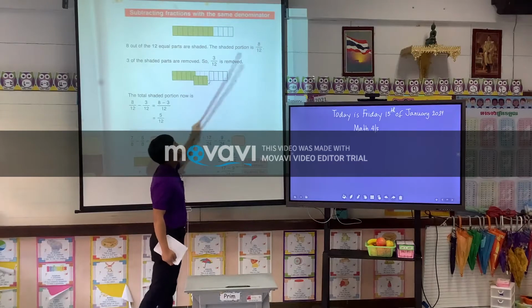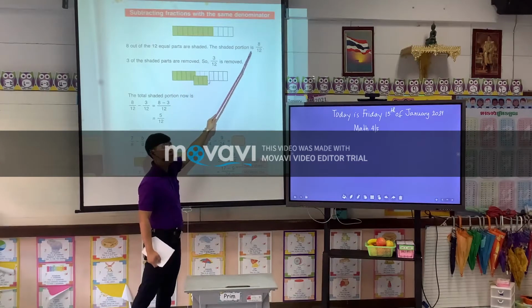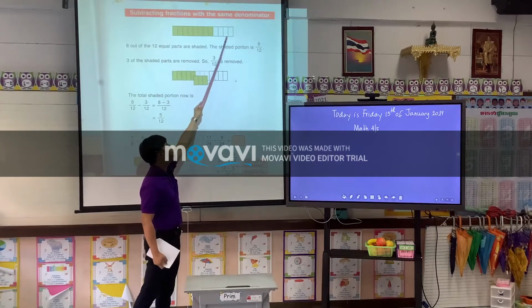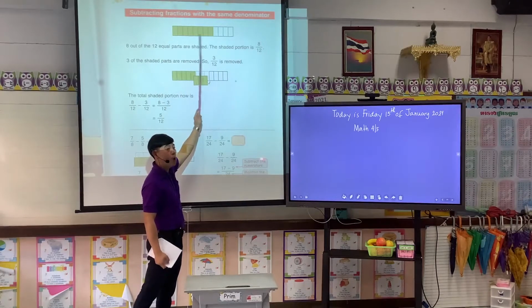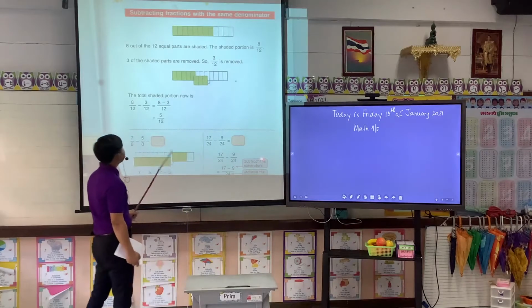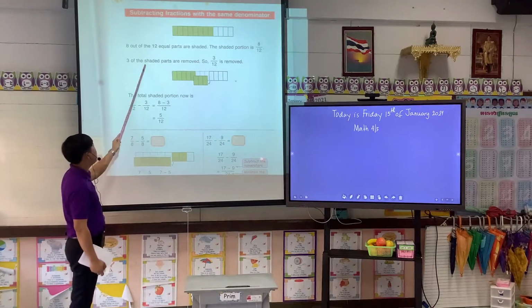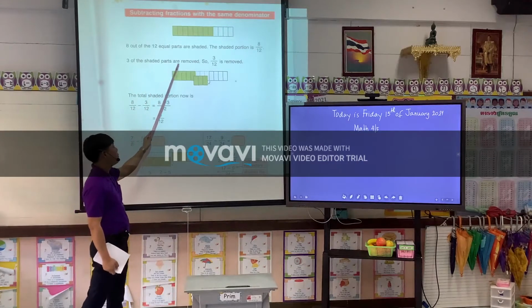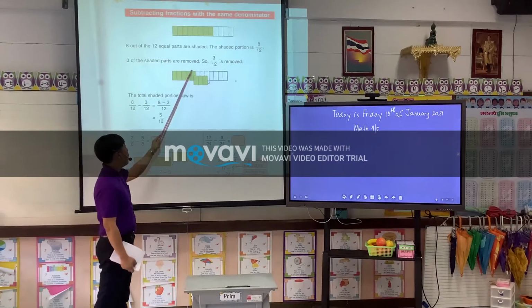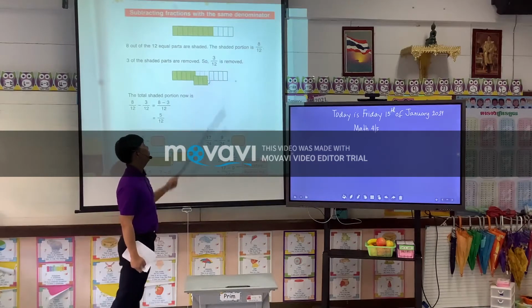8 means the shaded portion. 12, what is 12? 12 is the total number of parts of the whole. Do you understand? Okay. So, another example: 3 of the shaded parts are removed. So, 3 over 12 is removed.